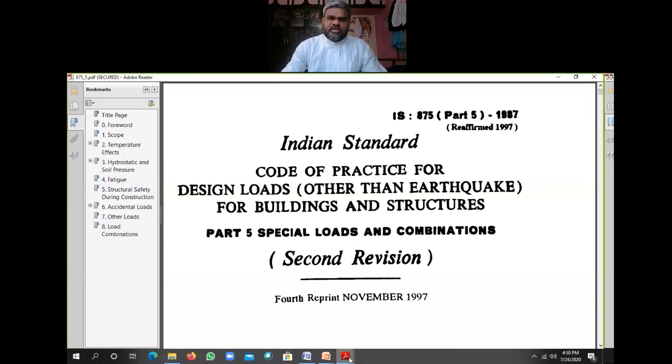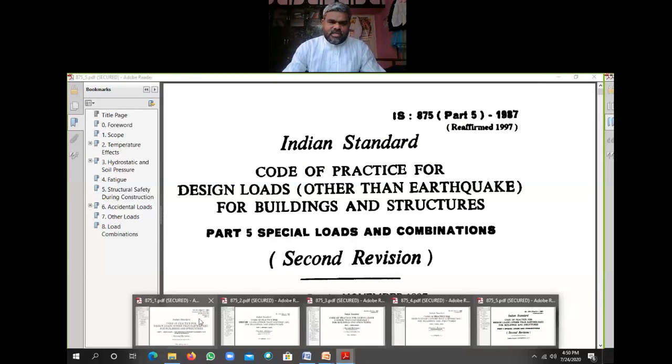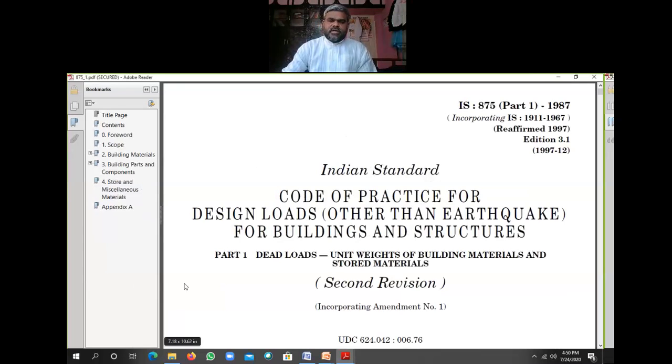These are the five codes. Let us see them one by one. We will just see an overview of the codes.